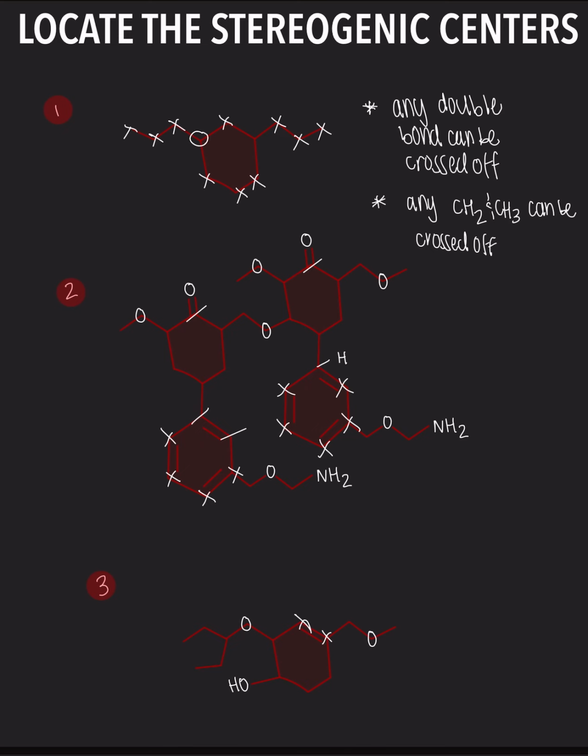So you only have one stereogenic center here. In this molecule, CH3 out, CH2 out, CH3 out. Okay, so CH2 out, and then you're going to have to analyze the situation.